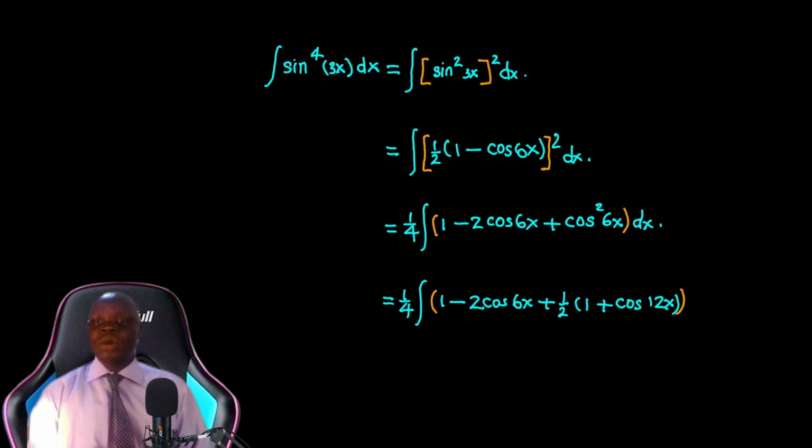And if you wish, you can also go on and open up with this 1/4 before integrating. So to reduce our work, I think it's better for us to first deal with this small number and open it later.